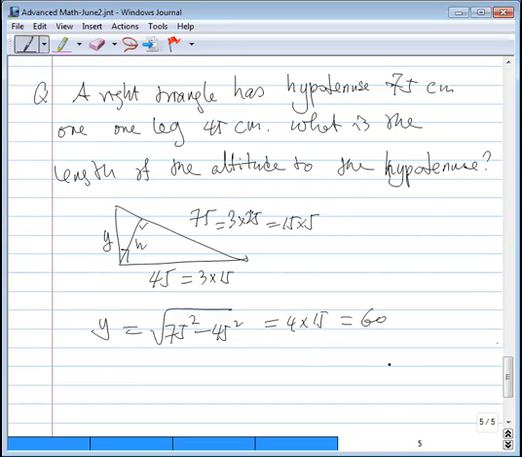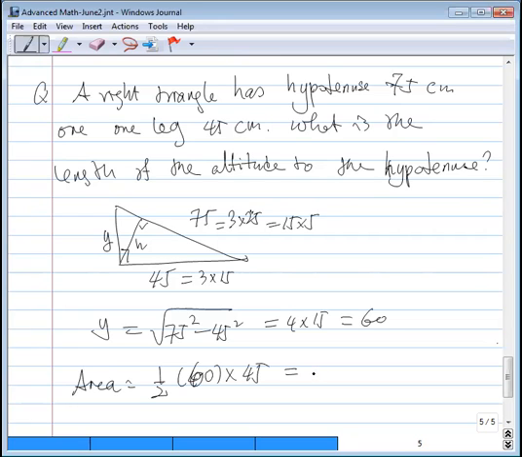Now, the best way is to use the area formula. What is H? It's 36. The area of the triangle is 1/2 times 60 times 45.